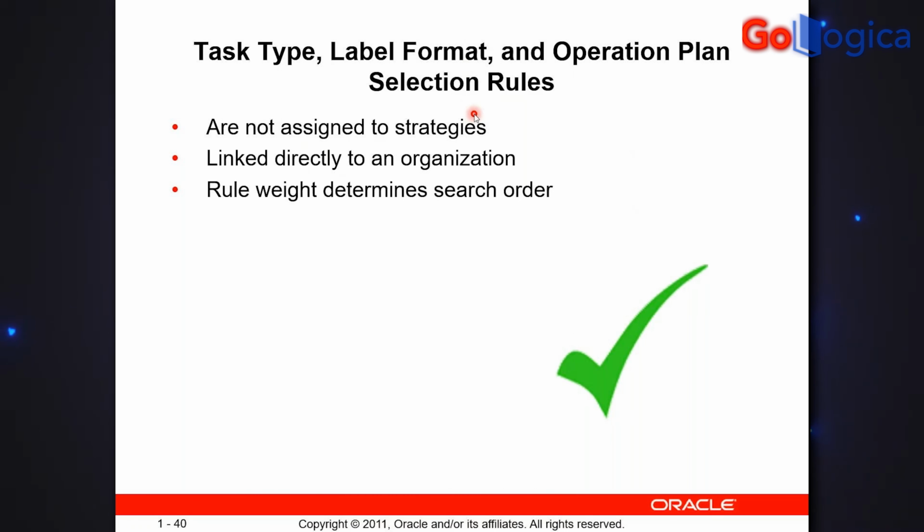They can directly be assigned to an organization. There is also a rule weight. Just keep a note of it, because the weight that you give on the rule, it will consider the weightage of the rule and pick that rule first. For example, if for one you have given 999 and for another you have given 800, the higher weightage will be considered first.